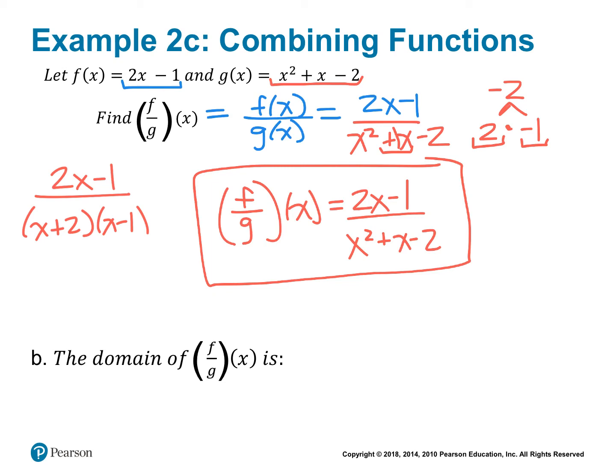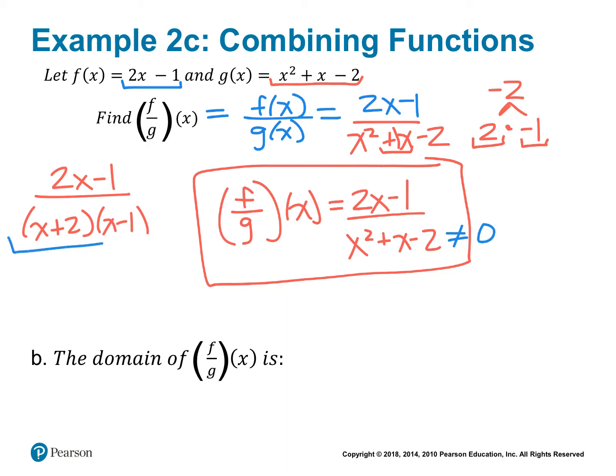Now the domain of this, I actually just helped myself with the bottom part because I know that the bottom cannot equal 0. That is not allowed. We cannot have a denominator of 0. So if we look right here, we're saying this cannot equal 0.